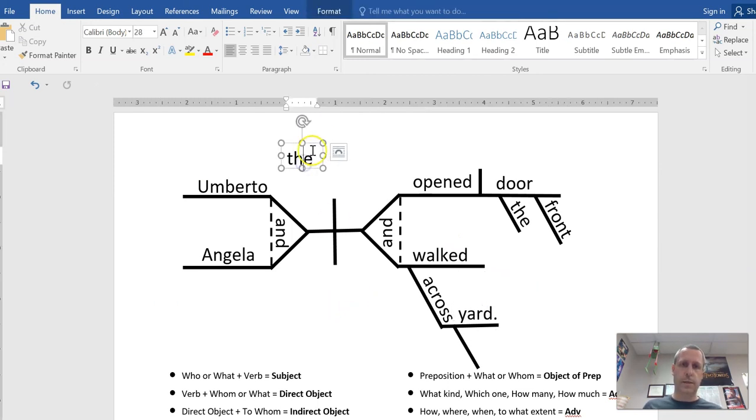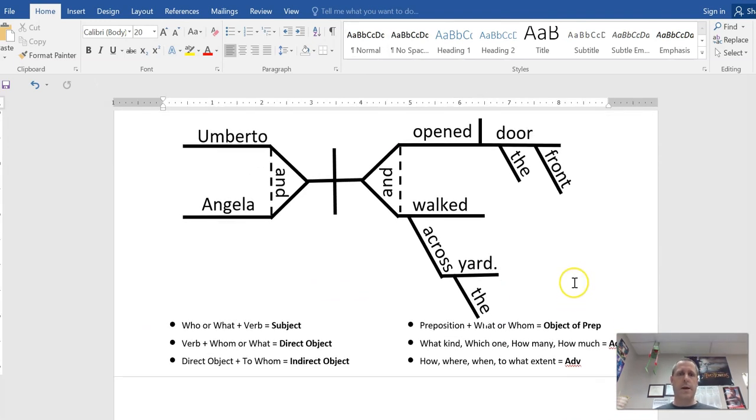Which yard was it? The yard. And now I have a properly diagrammed compound sentence with compound subject and compound verb, as well as direct object and modifiers and prepositional phrase. So lots of different things attached if you ever run across some more complicated types of sentences like that.